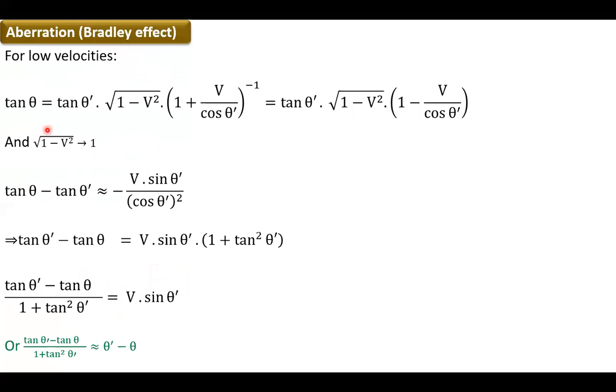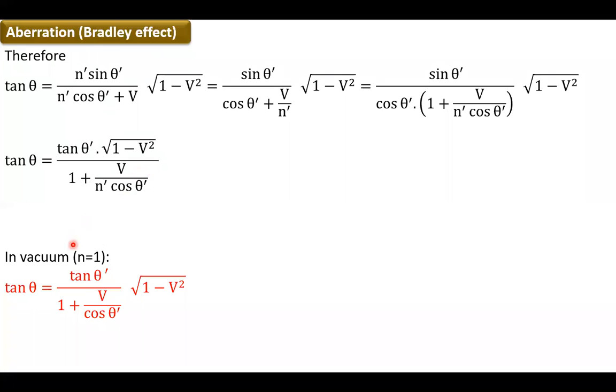So tangent theta is equal to tangent theta prime. If you put your denominator upside, you will put it as a power of -1. So let's go back to the initial equation. The denominator is 1 plus v over cosine theta prime. If you put it on the upper side, it's the same but to the power -1.